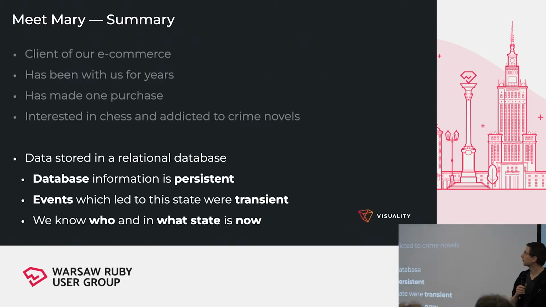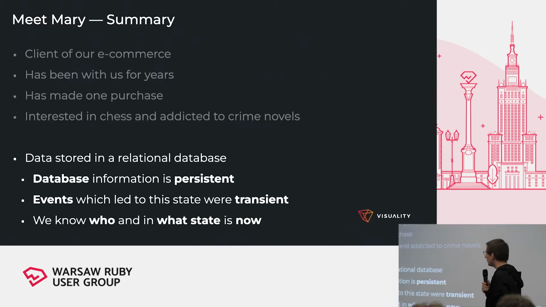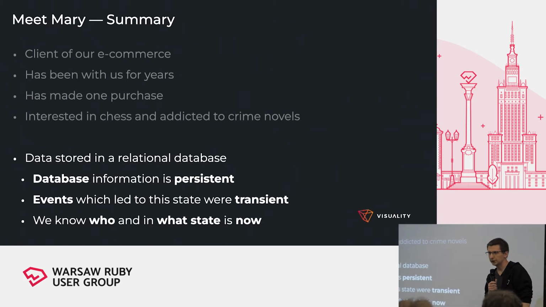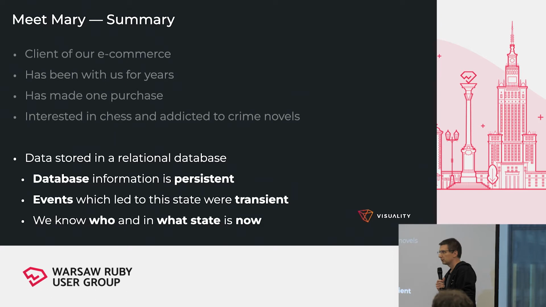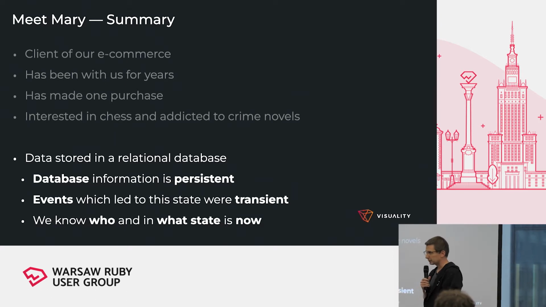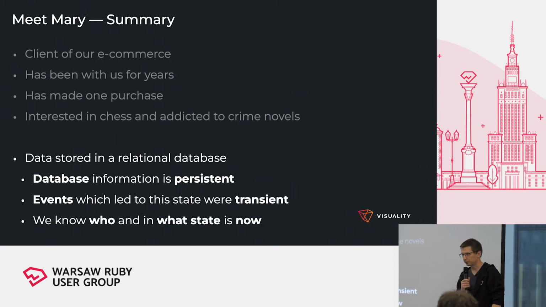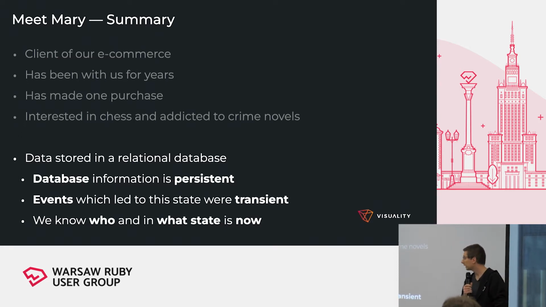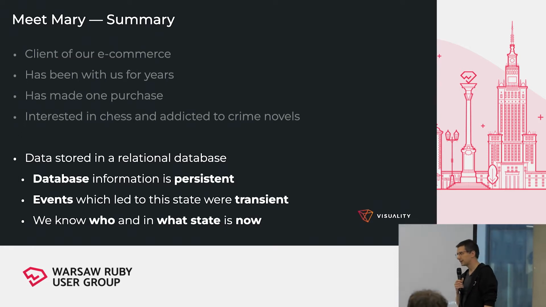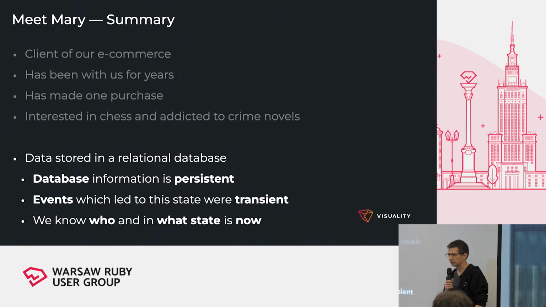Let's sum it up. So we have some data stored in a relational database. That information is persistent. That's our source of truth. We all know how it looks like. There were some events in the past that led to this state. For example, she has pressed a button.